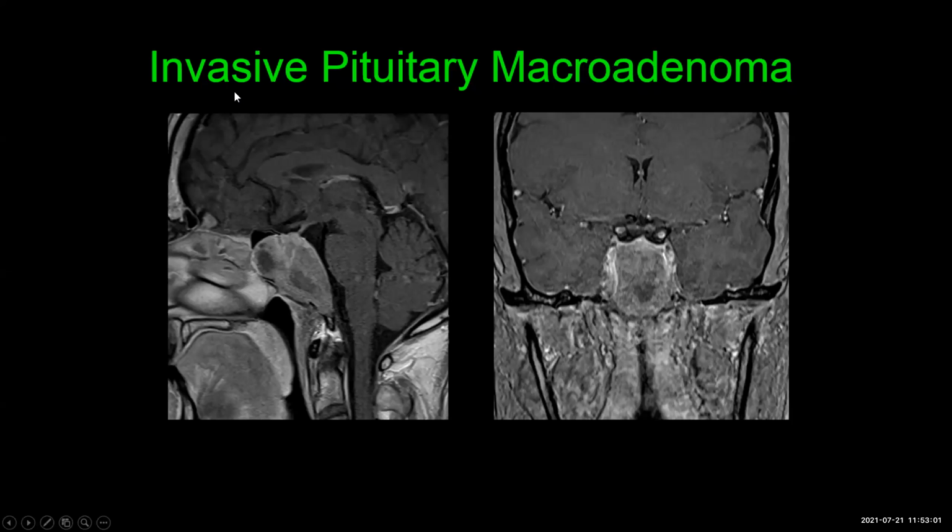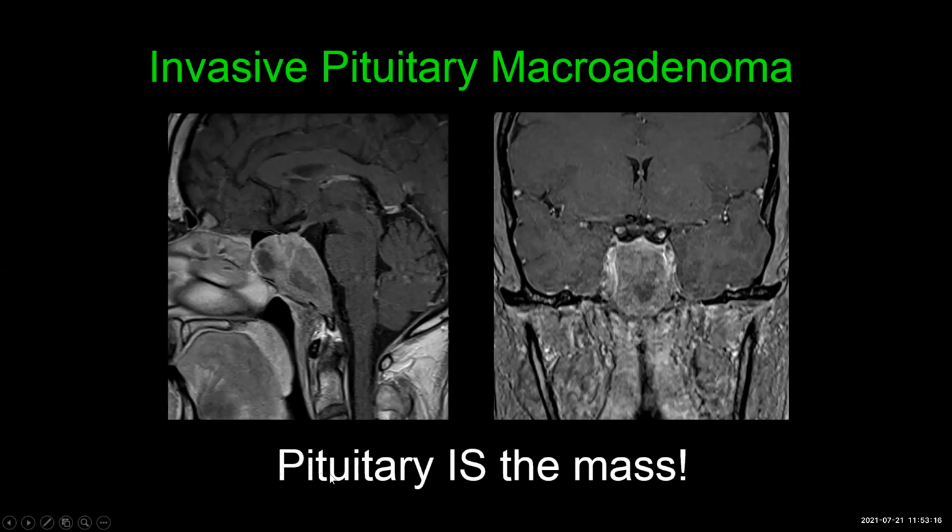And this is a case of a very large invasive pituitary adenoma. Adenomas, when they get very big, are called macroadenomas. This one has really taken over the whole region. And the pituitary gland is actually the mass. So we don't see a separate mass. This whole thing is really the massively enlarged pituitary gland.